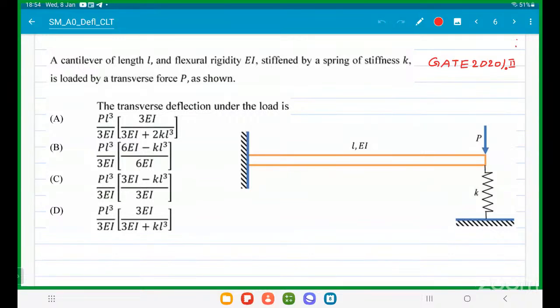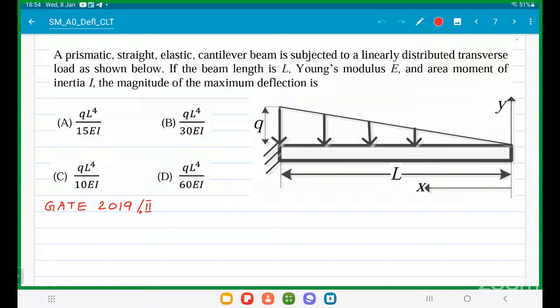Okay. Next. This is a rare case. UDL rare case. Anyway, take the screenshot.